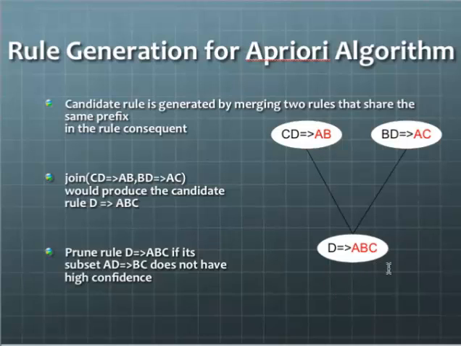Then we check whether its subset rule AD to BC has high confidence. If it does not, then we can prune this rule. So this method makes the rule generation step more efficient.